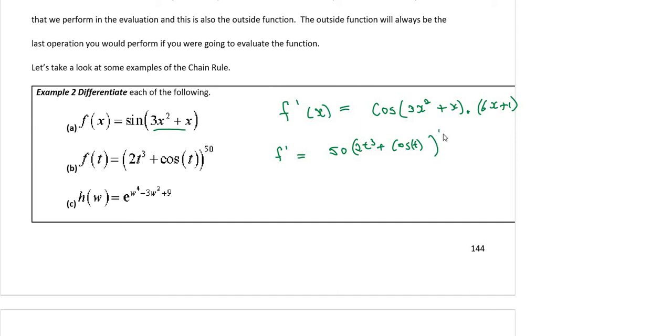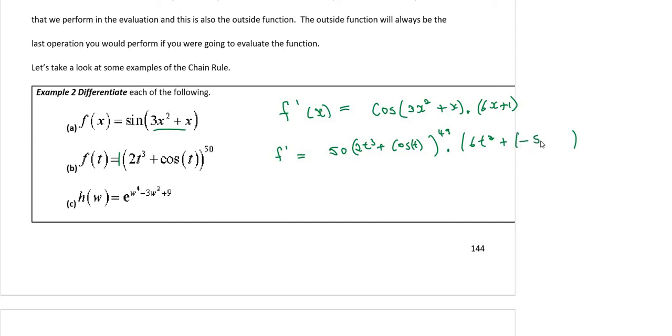So this will be 49 now. One power less, because this is the power rule. 50, there's a 1 in front. So 50 times 1 is 50. The brackets to the 49. Now times the derivative of the inside function. Well, that little piece there is going to be 6t squared. So that's going to be 6t squared plus, now the derivative of cos on that table you'll see is minus sine.